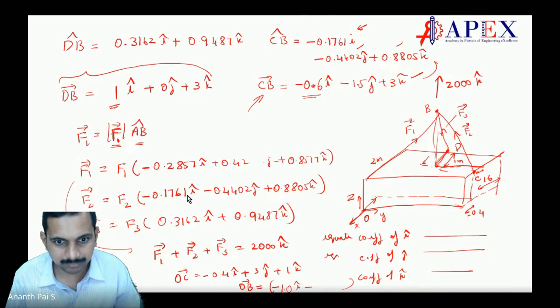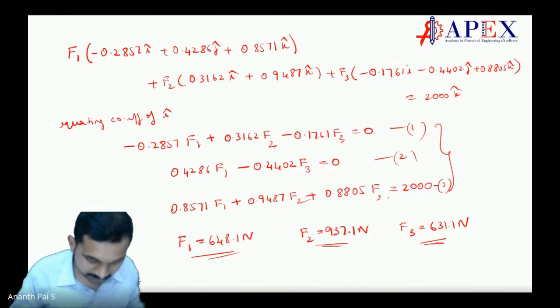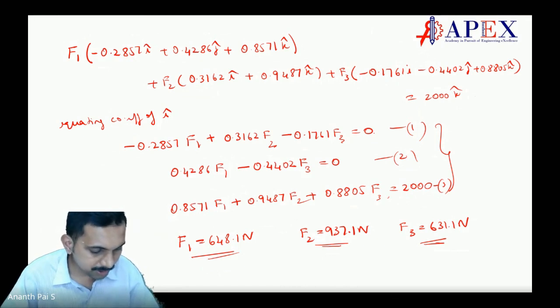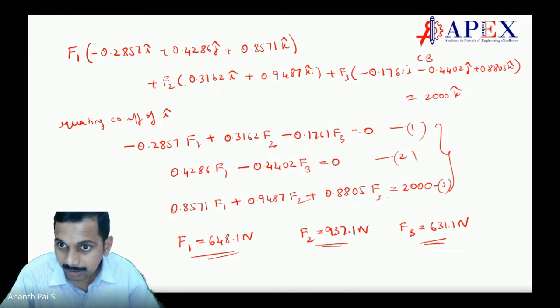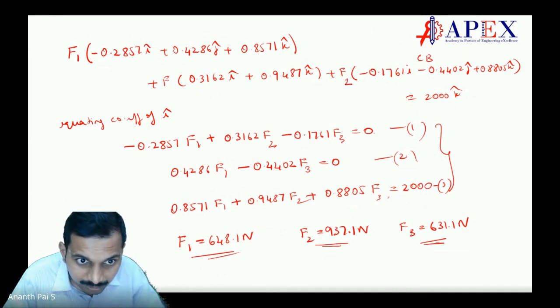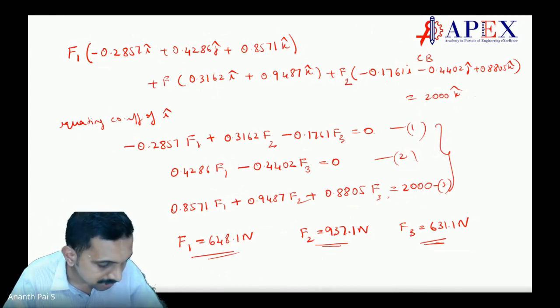F2 into CB, right, sir? 0.3162 is not written for F3. Correct. F2 into CB. Correct. Fine. So this is CB. There's a mistake here. Even in Shames, there's a mistake. This is CB. We have to do with F2. Correct. This is F3. Okay. Shames, there's no mistake. I'm sorry.